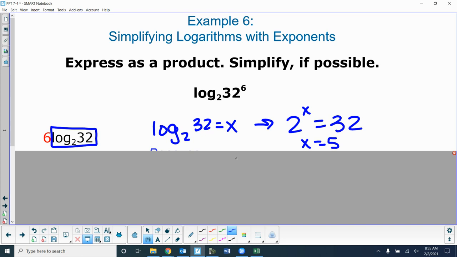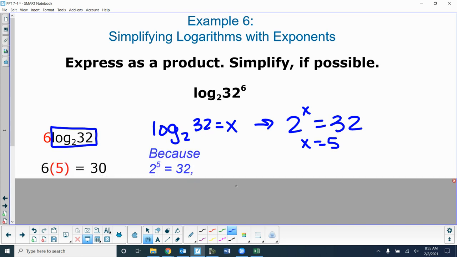Okay. So that's where that 5 came from. And then 6 times 5 is 30. The answer is 30. Okay. Again, I'm going to show you here in a couple minutes how to put that in your calculator and get the 5. Just remember, you got to multiply by that 6 that was there in the beginning.